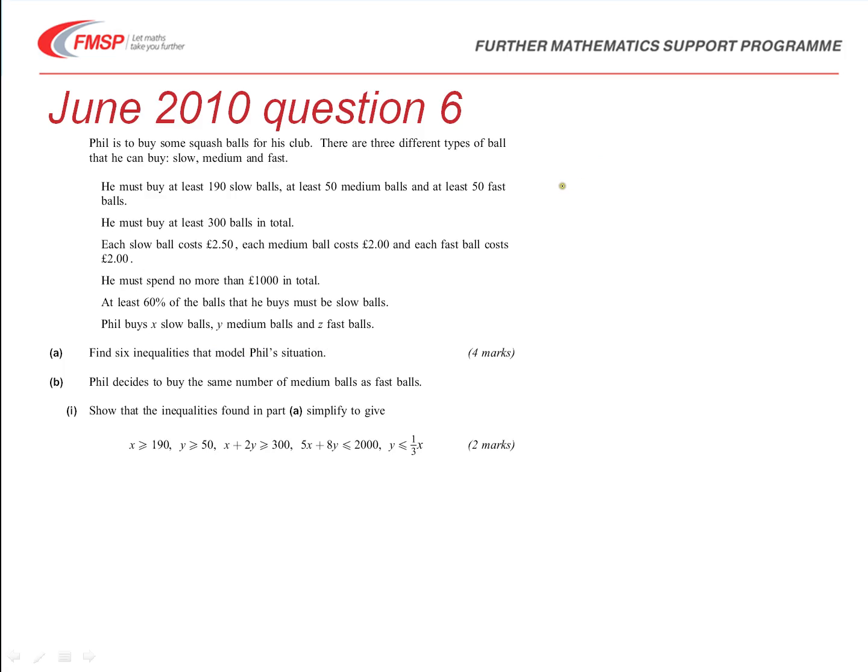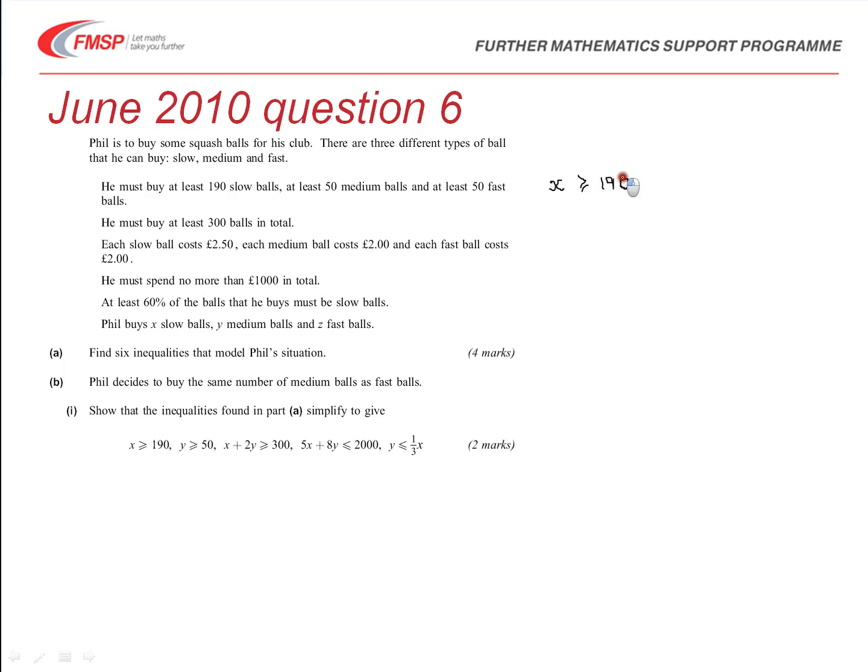Looking through the information we're given, he must buy at least 190 slow balls. So if X is the number of slow ones, then X must be greater than or equal to 190.